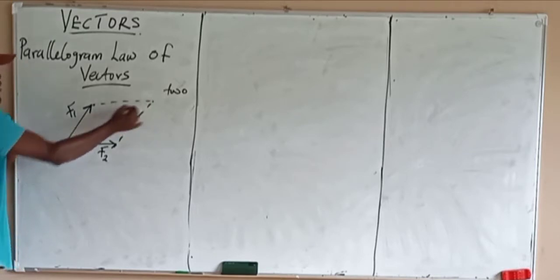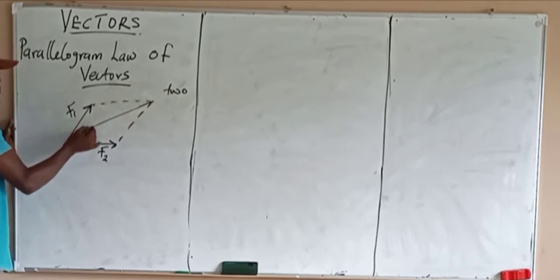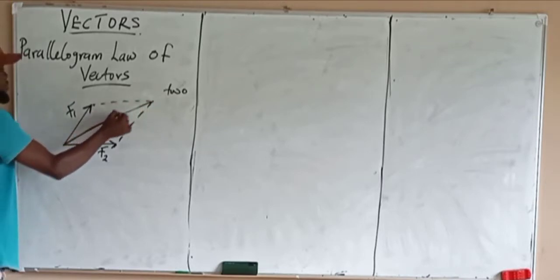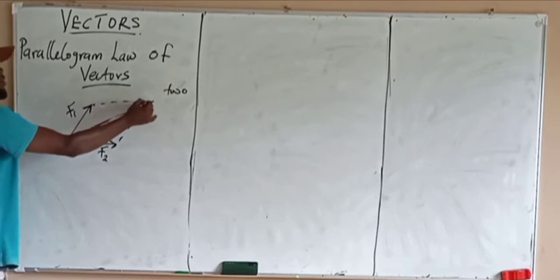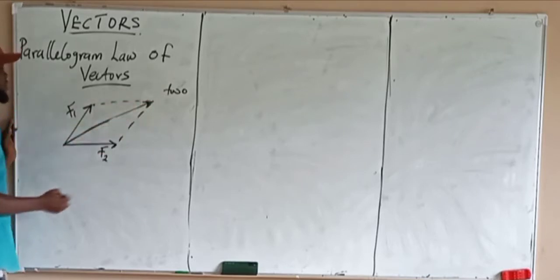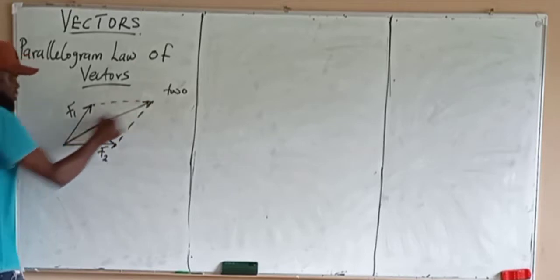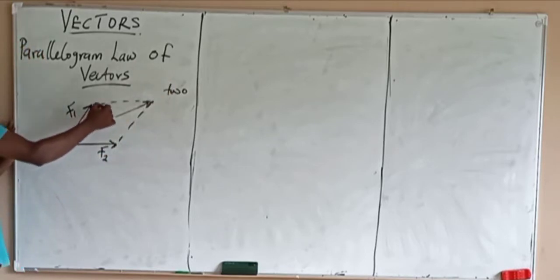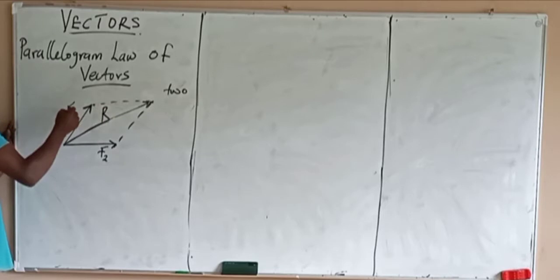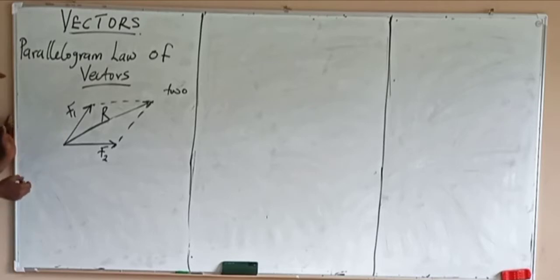Let's draw it from here to this place. So in magnitude as well as direction, it goes from there to here, and the direction is still going away from the starting point. So this will be the resultant, the total force we're going to have.